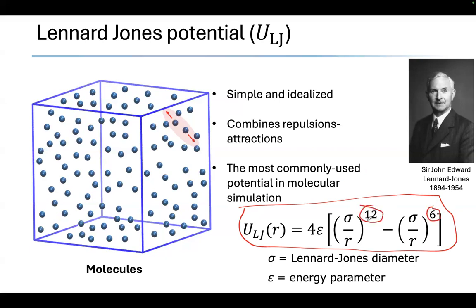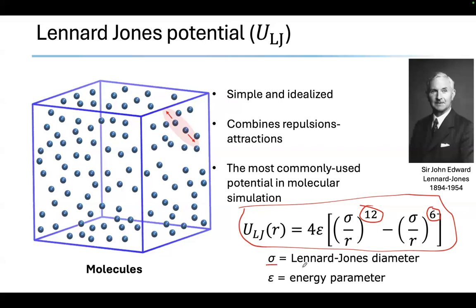So this is one of the most commonly used potentials in molecular simulations. It's simple and idealized, and it combines repulsions and attractions, and it's used widely for many different molecules. Now, there are two key parameters in the Lennard-Jones interaction potential.